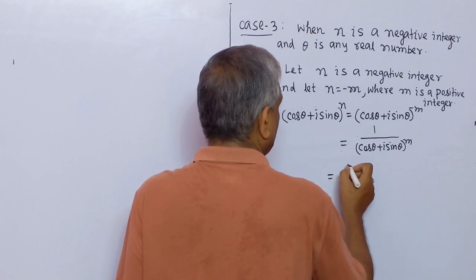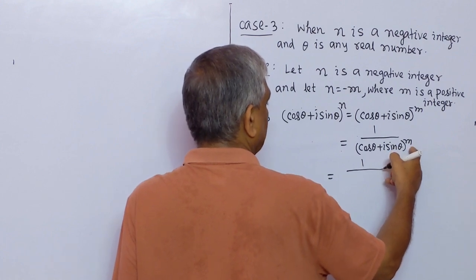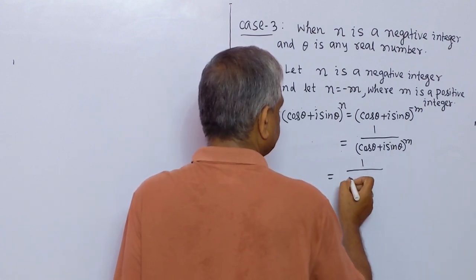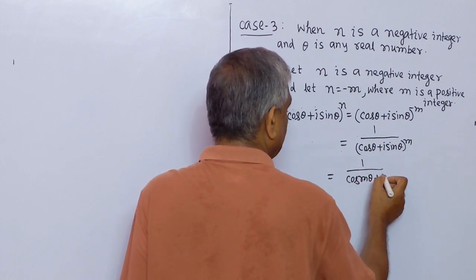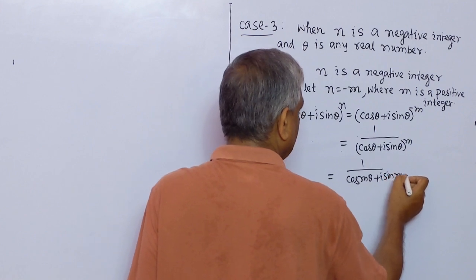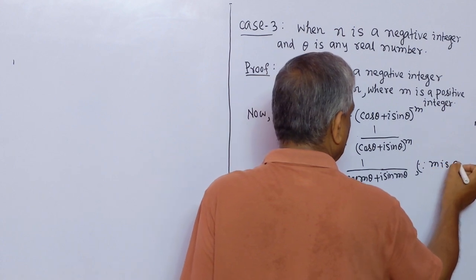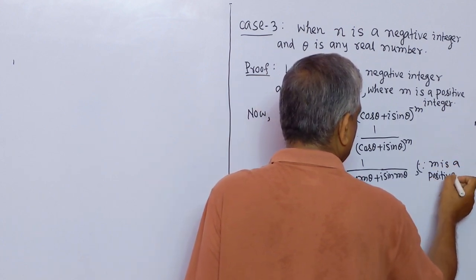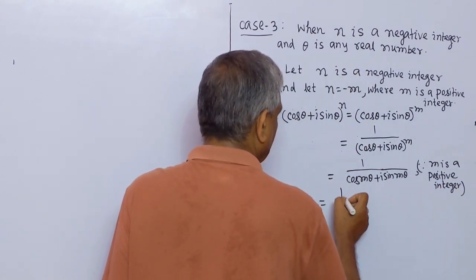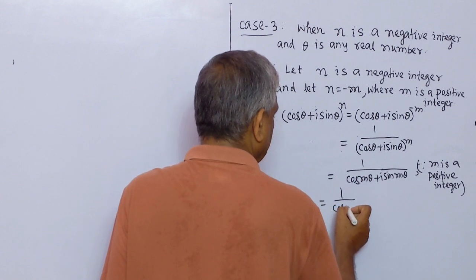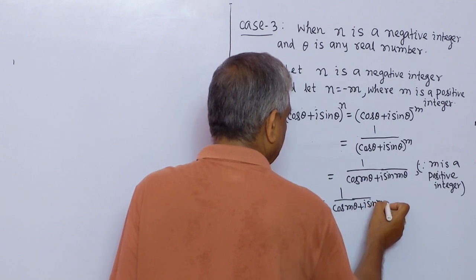Since m is a positive integer, from case 2 we get the value of this as cos m theta plus i sin m theta, and this will be equal to 1 by (cos m theta plus i sin m theta).